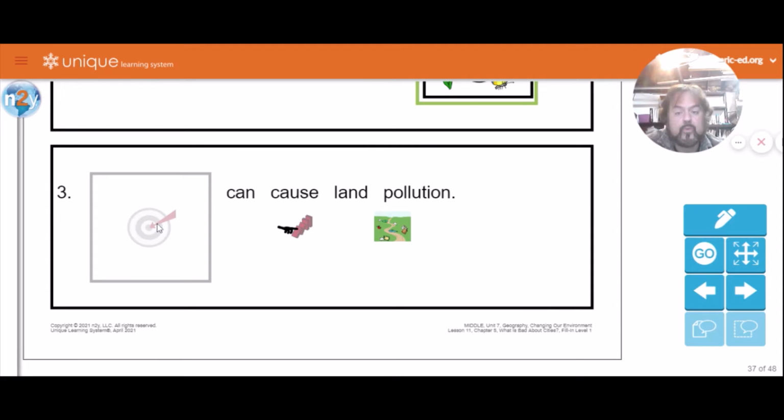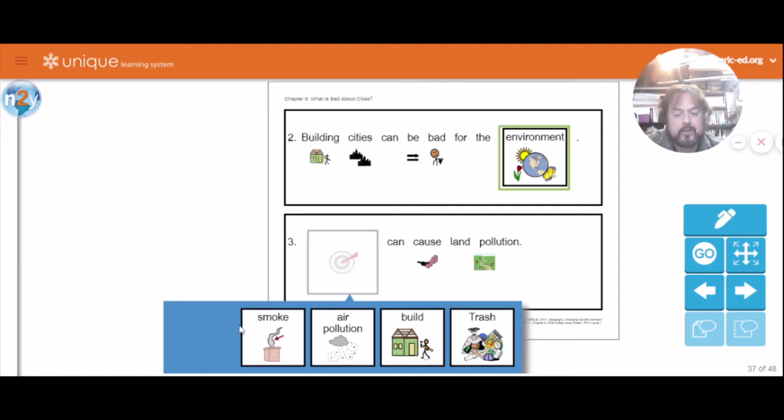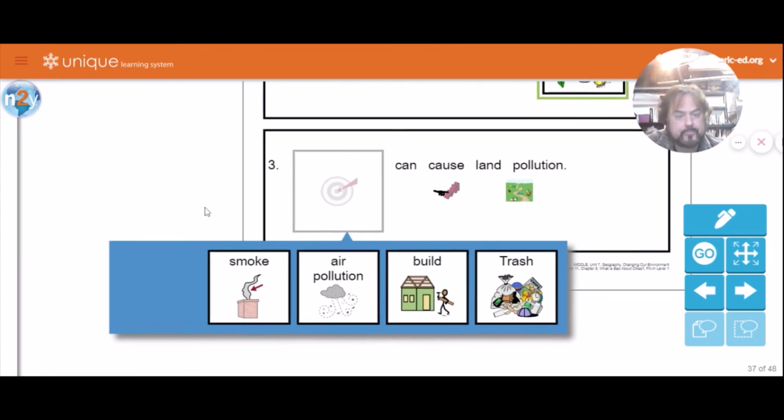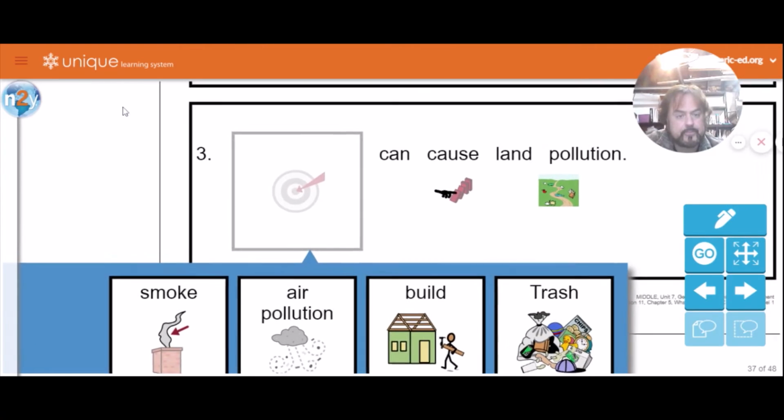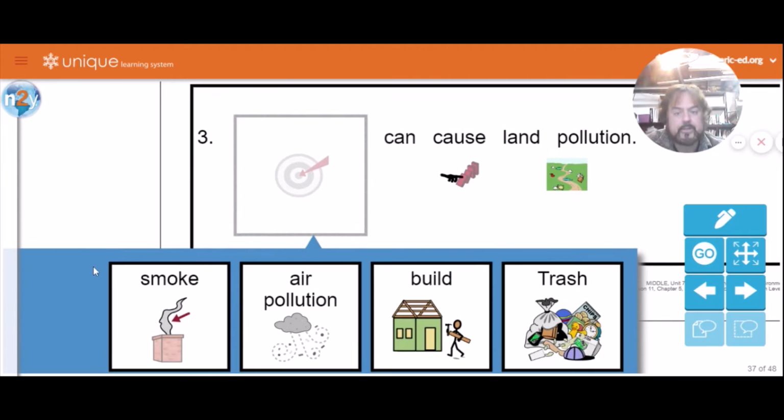Number three, what can cause land pollution? Let's see. Smoke can cause land pollution. Air pollution can cause land pollution. Build can cause land pollution.